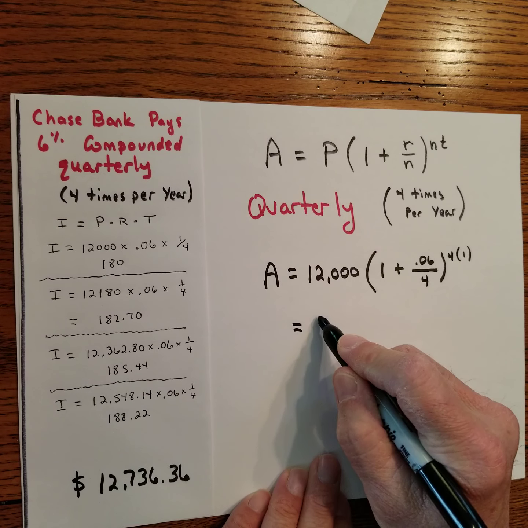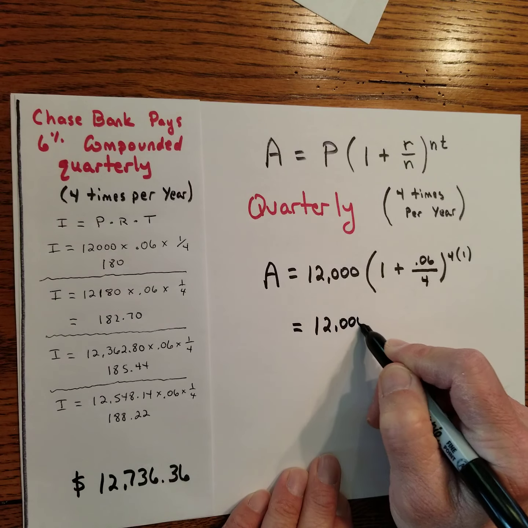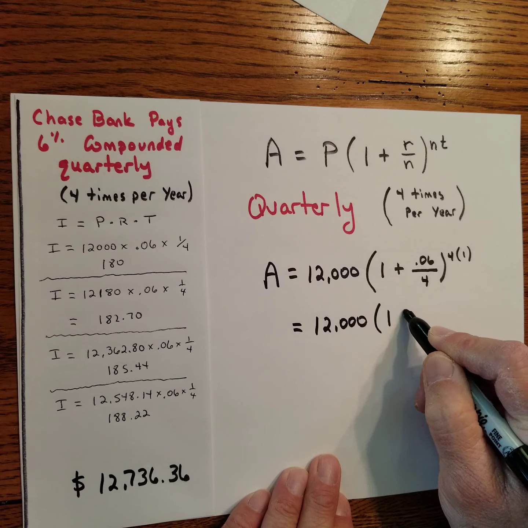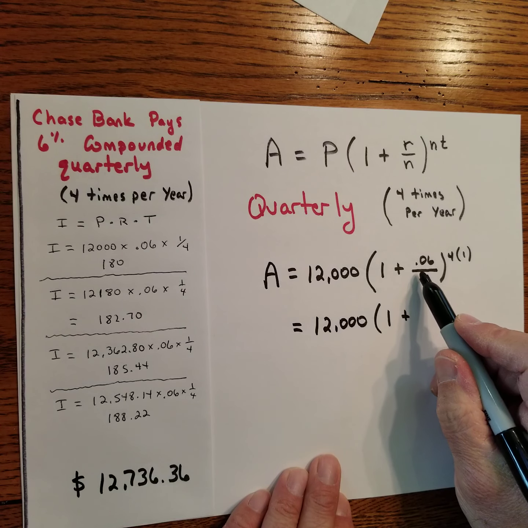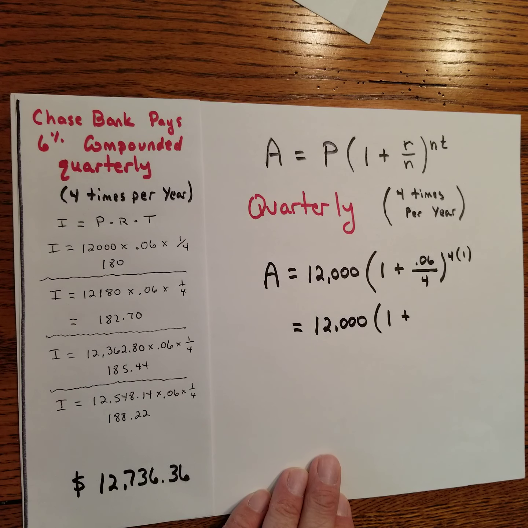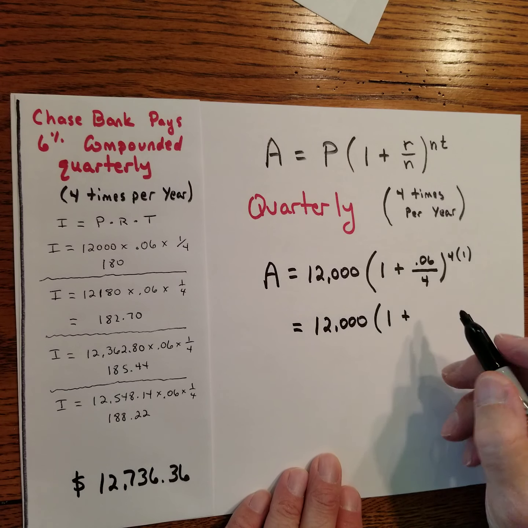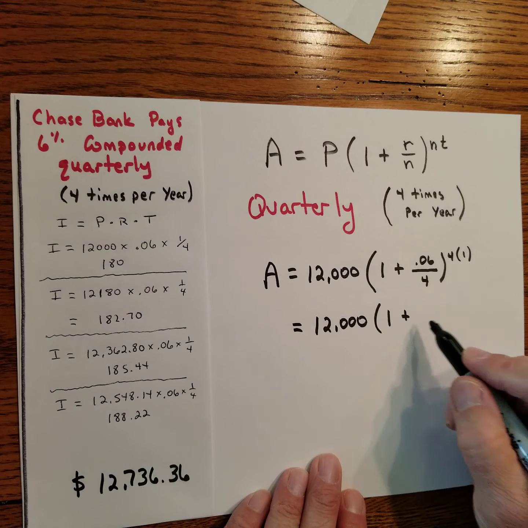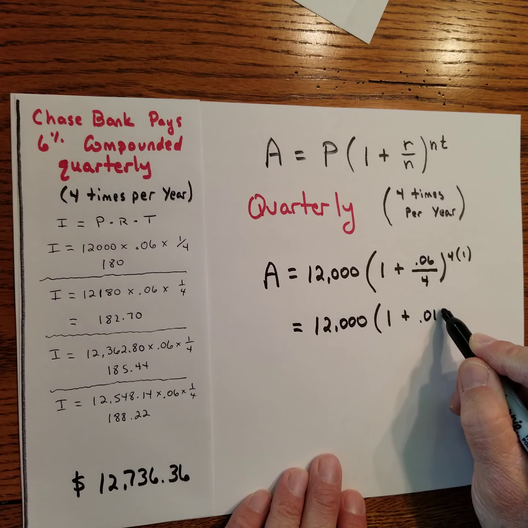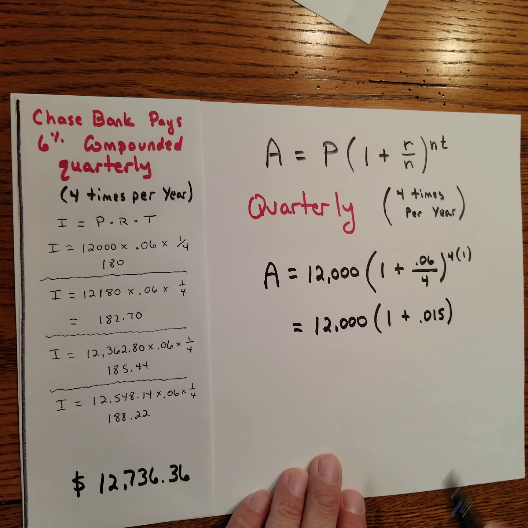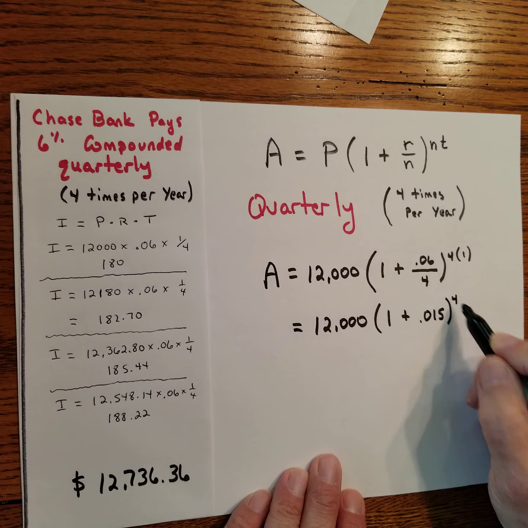Next step, copy the 12,000. Copy the 1 and the plus. Divide 0.06 by 4. 0.06 divided by 4 is 0.015. And 4 times 1 is 4.